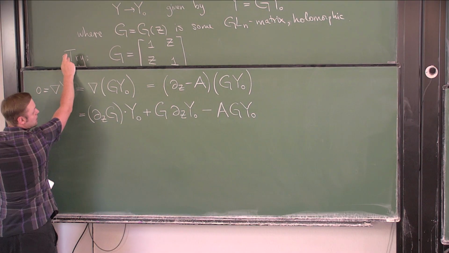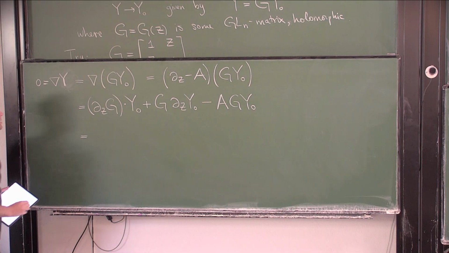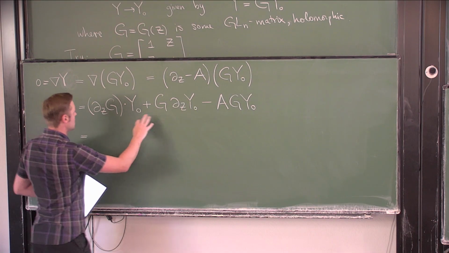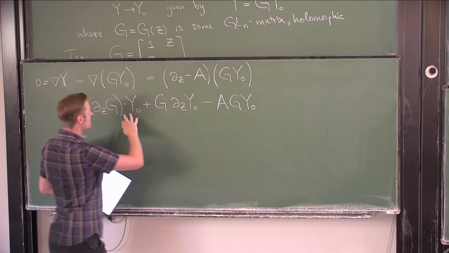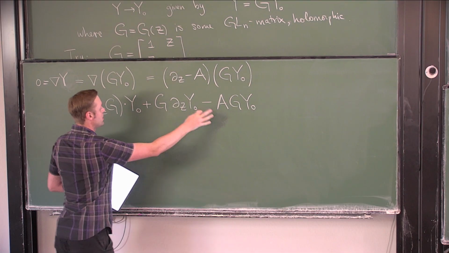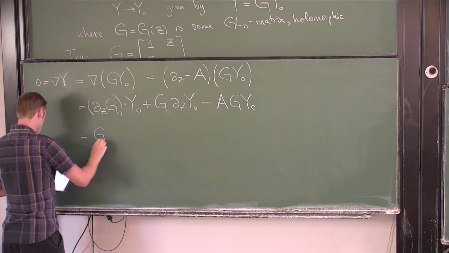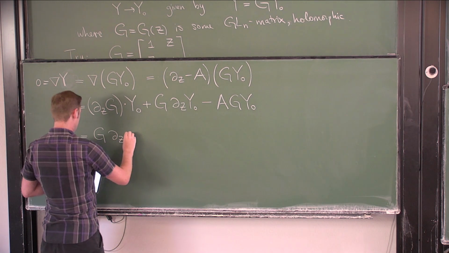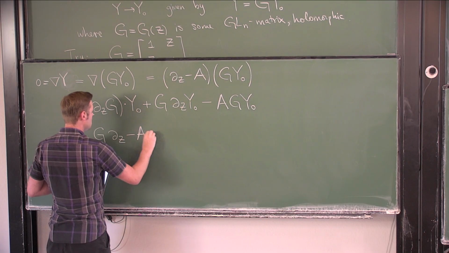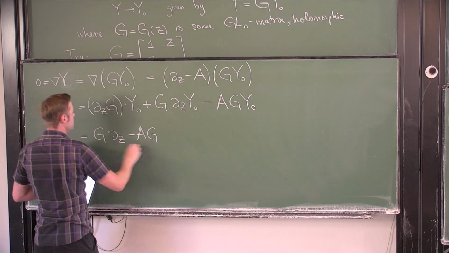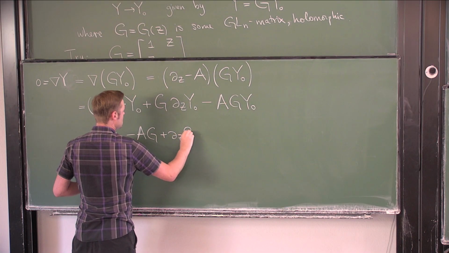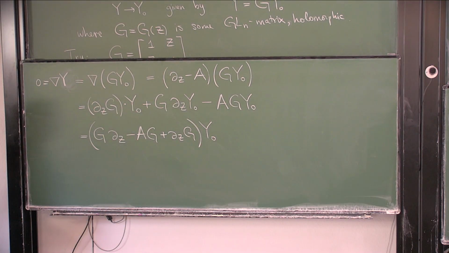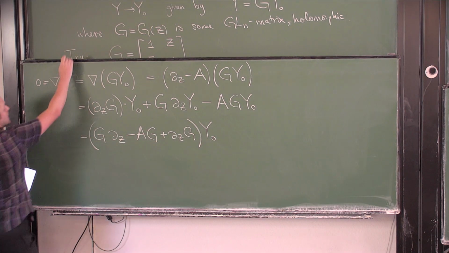Right? Okay, let me collect the terms. What I see is this is still a linear differential operator acting on y naught. I want to write it that way. So I have G del z minus A G, this bit, and then this bit, plus del z G. And all of this is acting on y naught.